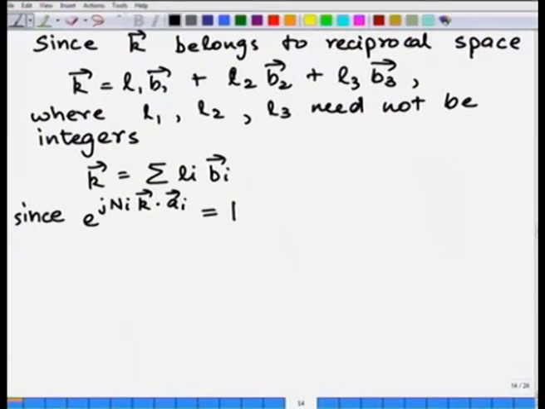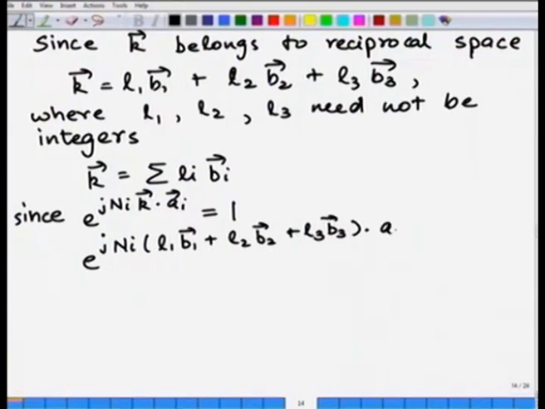So, what do we get here? We get e to the power j n_i, for k we substitute L1 B1 plus L2 B2 plus L3 B3, dot a_i, equal to 1.